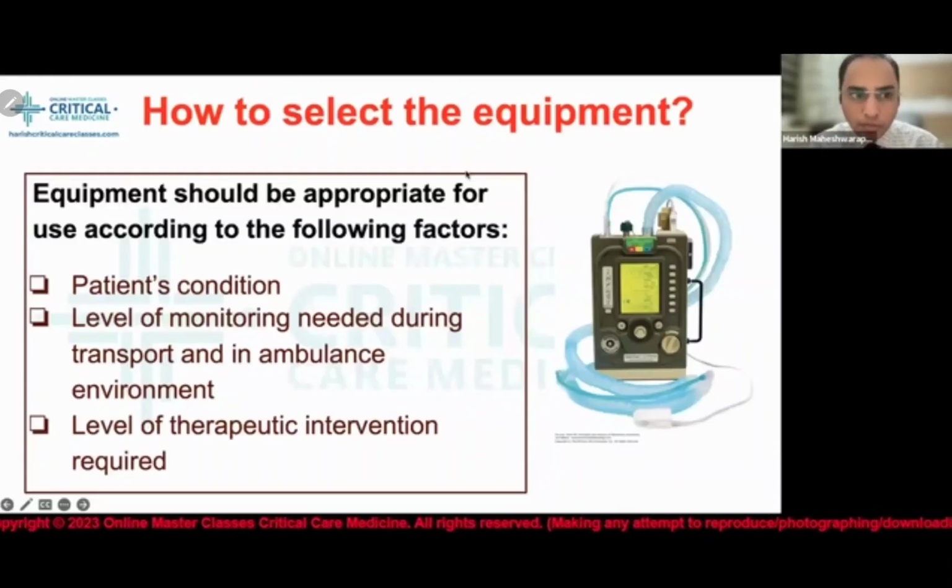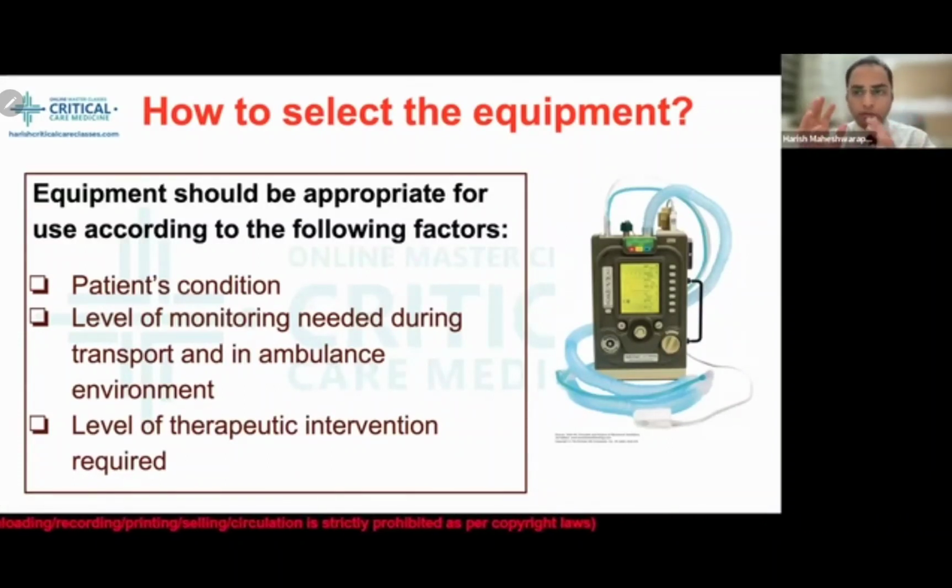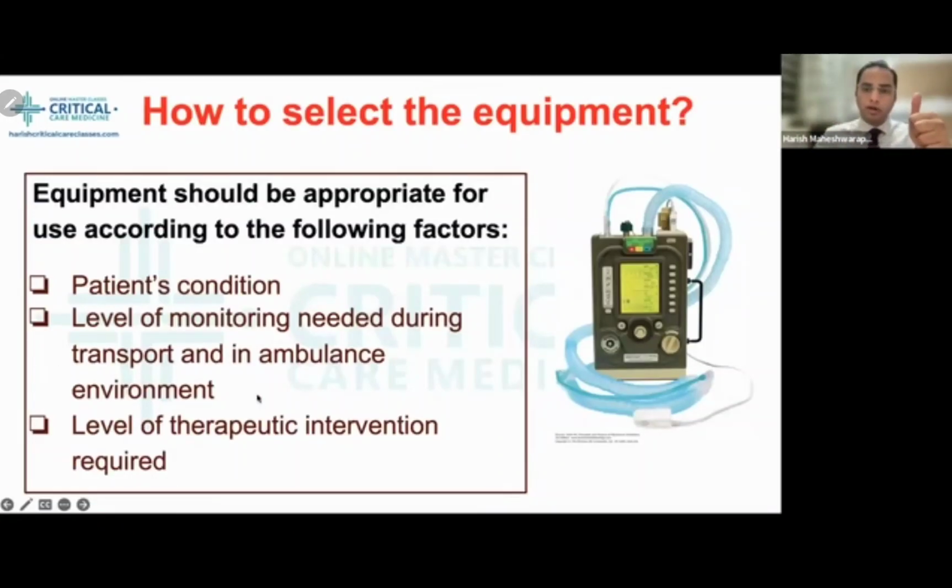How to select the equipment? Equipment should be appropriate for use according to the following factors: patient condition. If the patient is too sick, then we need multiple infusion pumps. The level of monitoring needed during transport: are we going to monitor invasive blood pressure, non-invasive blood pressure, or do you require some sort of ICP monitoring during the transfer?